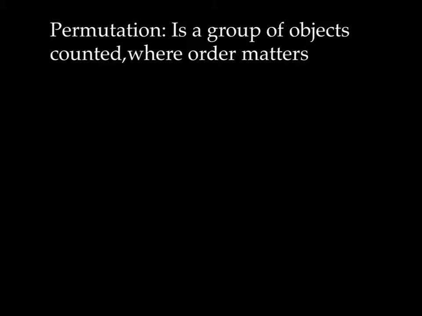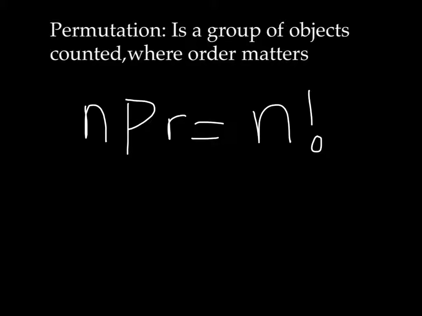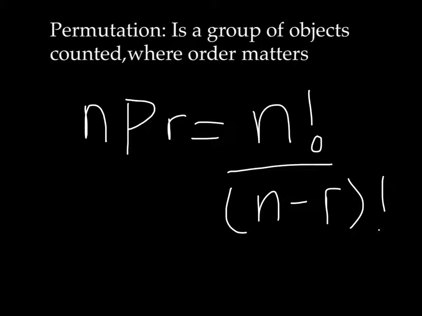A permutation is a group of objects counted where order matters. The formula for this would be n permutation r equals n factorial over n minus r factorial.